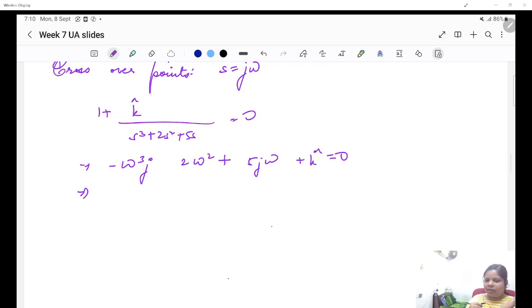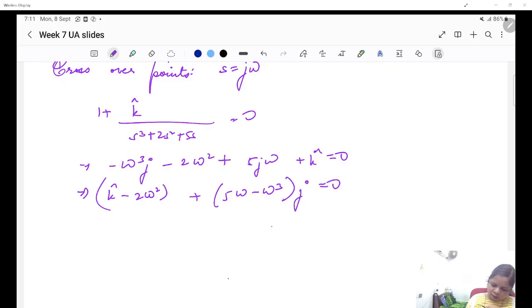Separate the real part and the imaginary part. So it's K hat minus 2 omega square plus, after this, 5 omega minus omega cube, into j, is equal to 0.